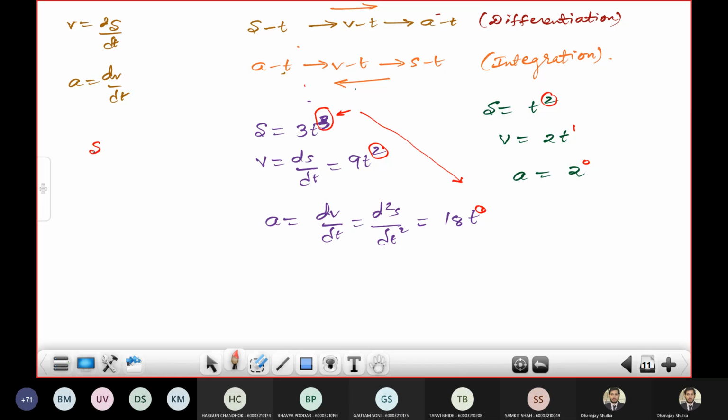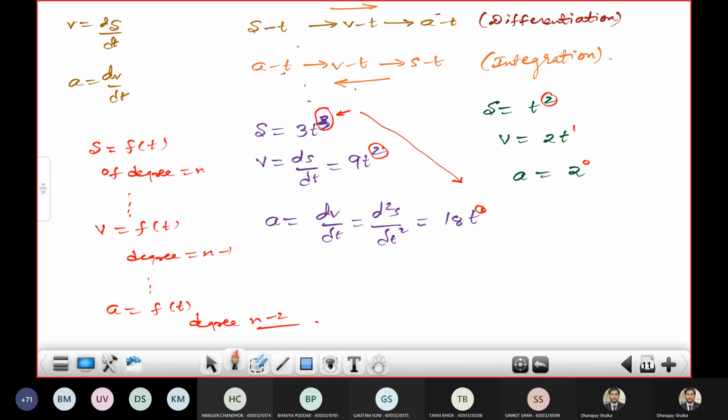That means if I have s equal to f of t, some polynomial of degree n, I can say the velocity will be a polynomial of degree n minus 1, and acceleration will have a polynomial of degree n minus 2.